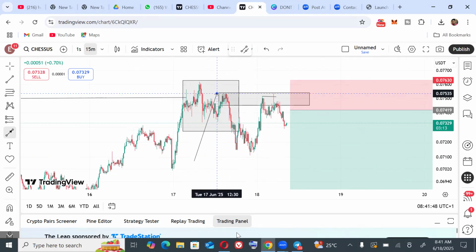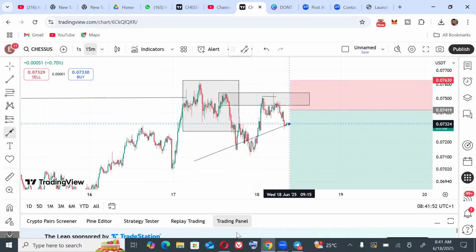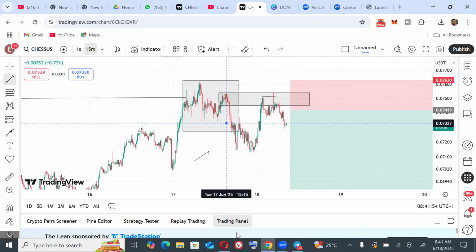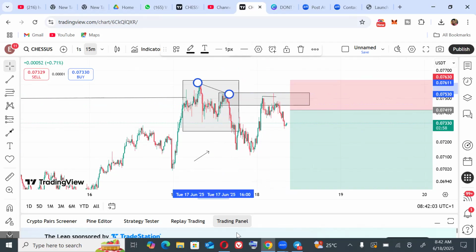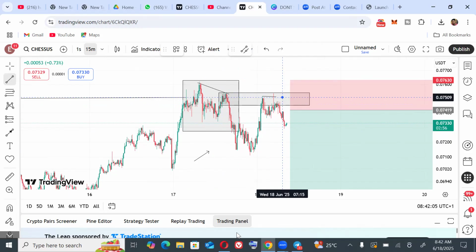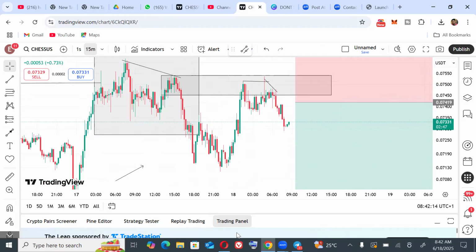And it came back to this other block and created the same failure swing pattern. Also here again, the same failure swing pattern. And you can see how this market moves in clear and simple terms.